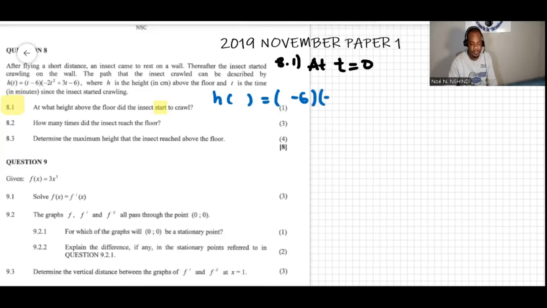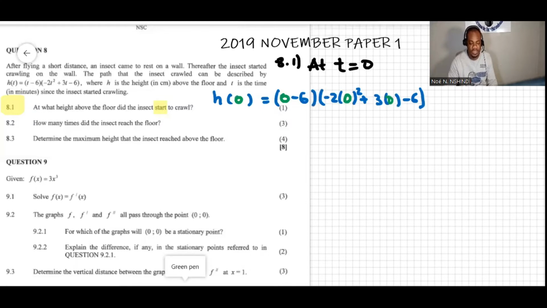So h of 0 is 0 minus 6, open bracket, negative 2t squared plus 3t minus 6.